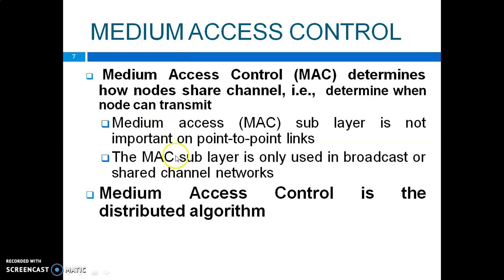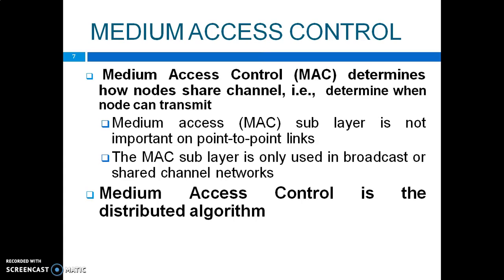Before that, what are the two points we have here? The MAC sublayer is not important on a point-to-point link, because there are only two nodes or two persons going to communicate. At that place there is no need to determine who is going to use the communication medium. There is no intermediate person who can interrupt.